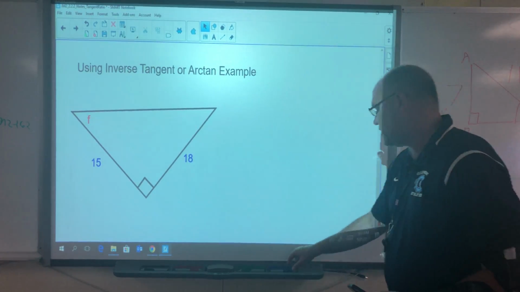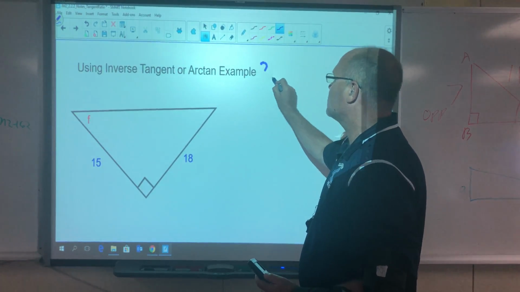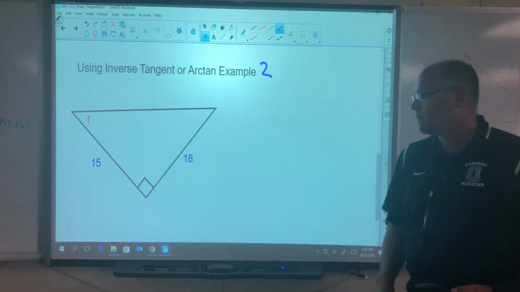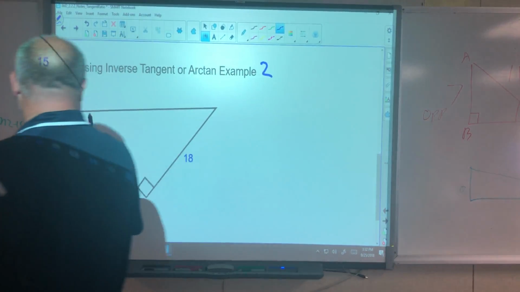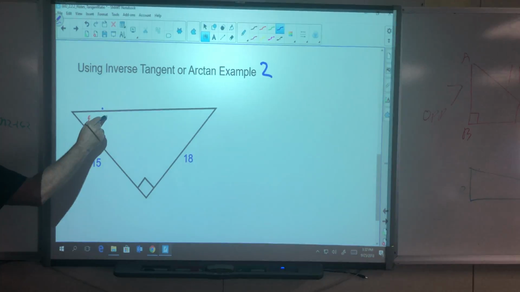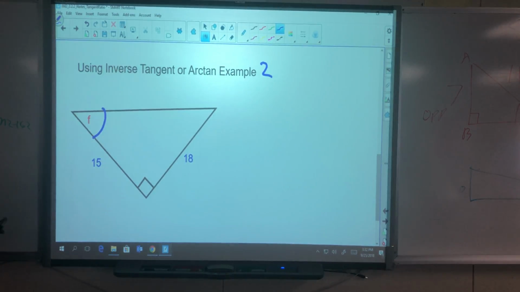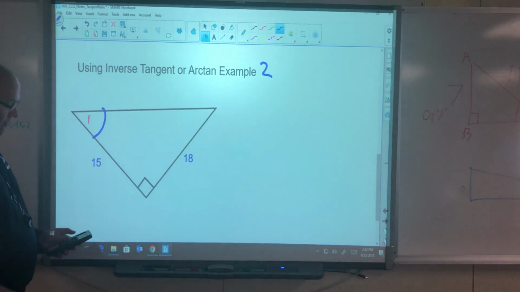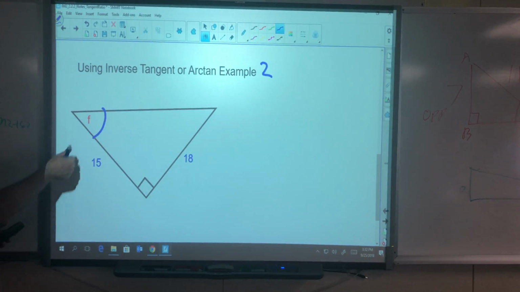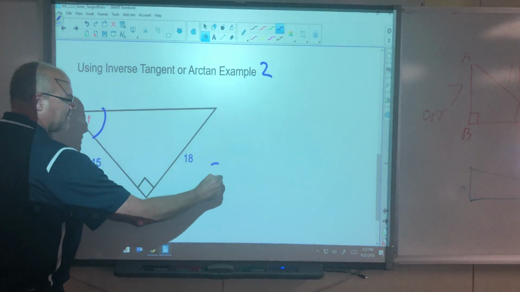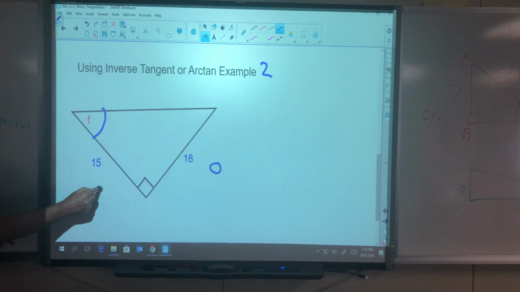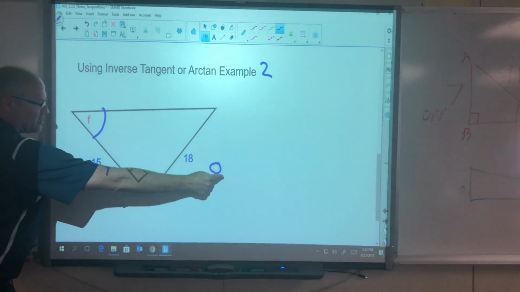This one is using the inverse tangent, also known as the arctan. In this case, we're trying to find a missing angle measure, but we're given 2 side lengths. So again, this is my angle of reference. We know that this is the opposite side, and then this is the adjacent side, right? Finger on the angle of reference, not touching the opposite.